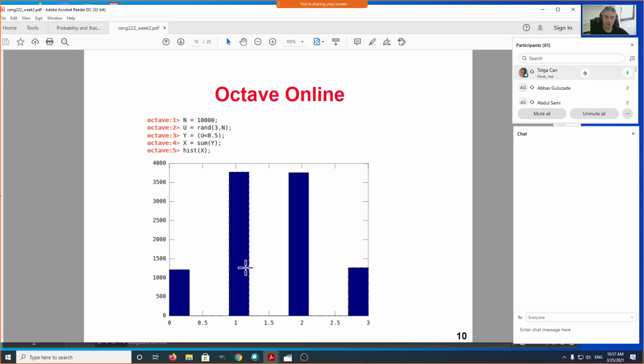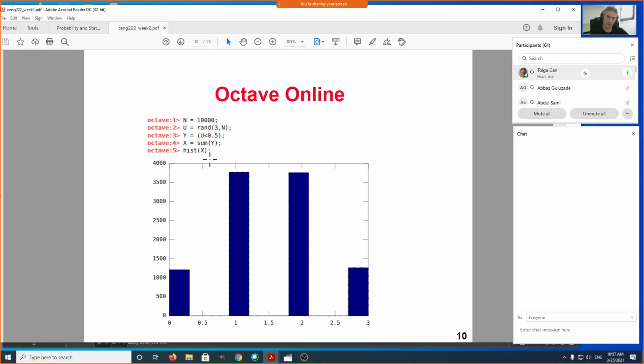We can also compute these probabilities mathematically, the exact values. In many distributions, the exact values of the probabilities that x is equal to 0, 1, 2, 3 can be computed. In the case of 3 coin tosses with equally likely outcomes, we already know that this is 1 over 8, this is 3 over 8, 3 over 8, 1 over 8.